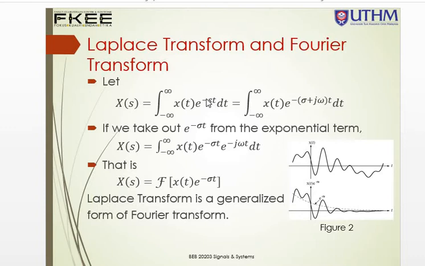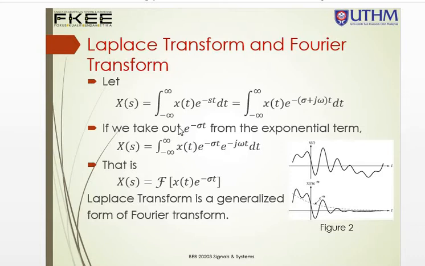So actually the s is a complex, as mentioned earlier. Complex means that it's sigma plus j omega. It still remains the j omega here, but this j omega refers to the imaginary part, and the sigma is the real part.